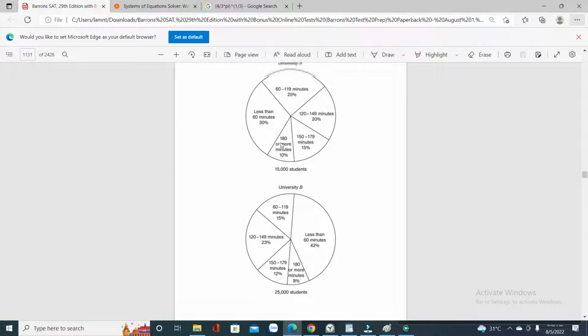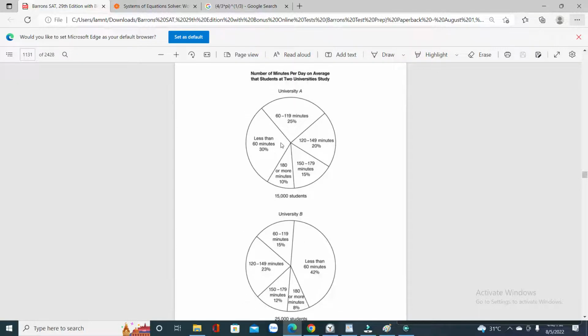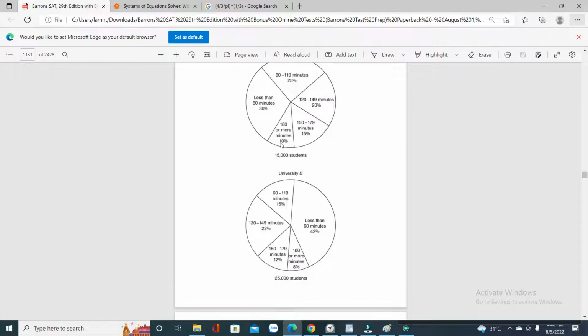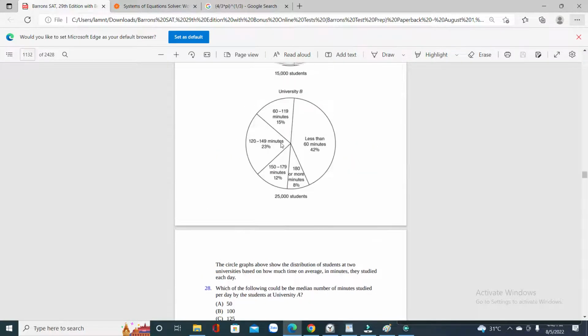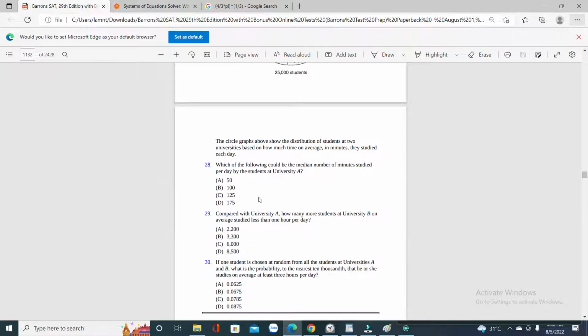And we have the percentage of students by study period, and this distribution is different for each university.